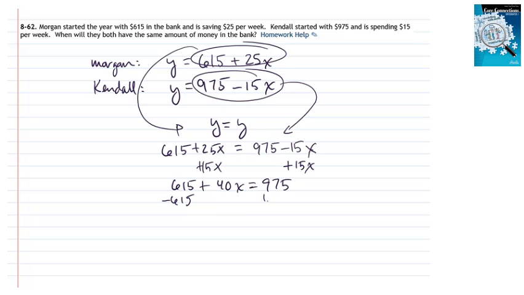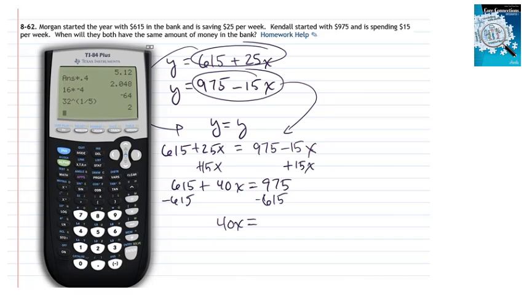That's going to give me 40x is equal to, oh, the shame, 975 minus 615 looks like $360. And if I divide both sides by 40, it looks like x is going to equal 9. What is it? 9 weeks.